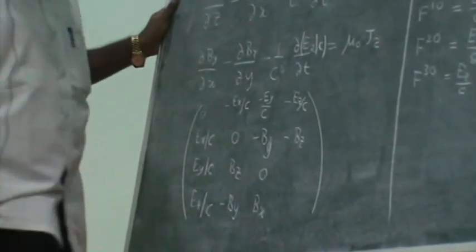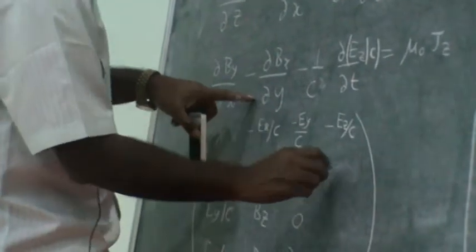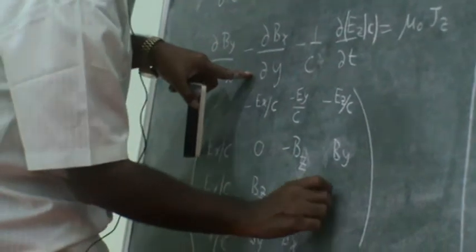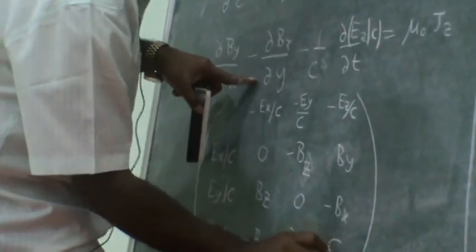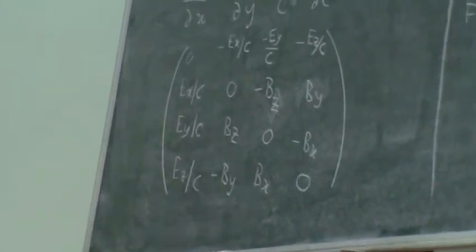Last column, right? I think I was correcting it here. This one I have to take. ∂/∂x is ∂y. ∂/∂y is minus ∂x. And this is 0. So this is the field tensor.